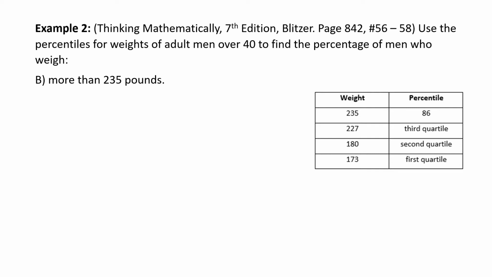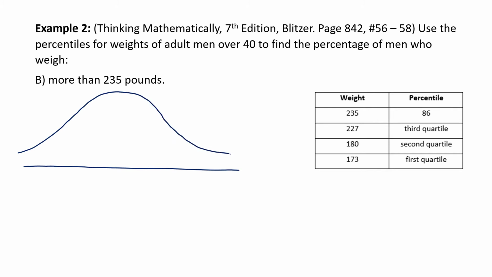Part B, more than 235 pounds. Let's reference back to the table. For the weight of 235 pounds, the percentile is listed as 86. Now let's be careful. 86th percentile tells us that 86% of men weigh less than 235 pounds.